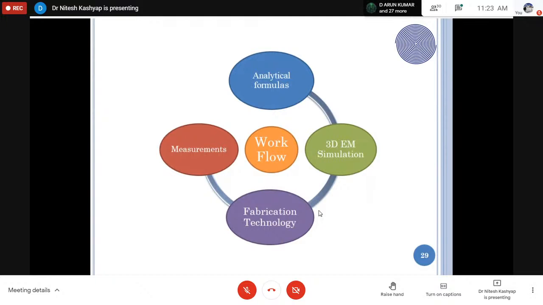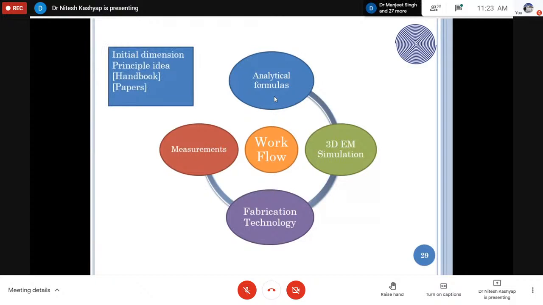So the workflow of antenna designing I have shown here. We can see the analytical formulas which we can have in our references.